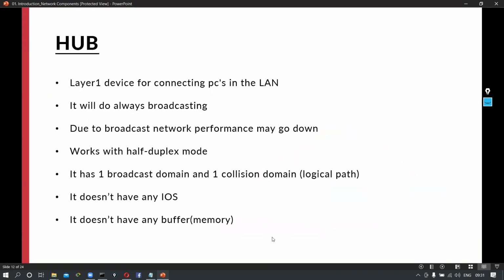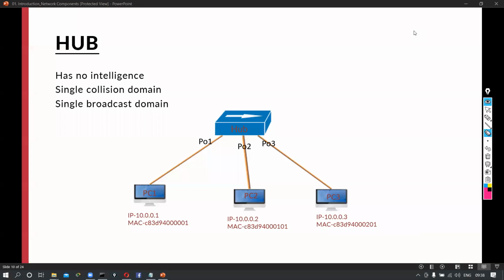Now write down first. Get it? We can do only via a particular port. We can send or receive only one task. Suppose there are PCs. Let me draw now. This MAC address is A, this one is B, and this one is C. Clear now?